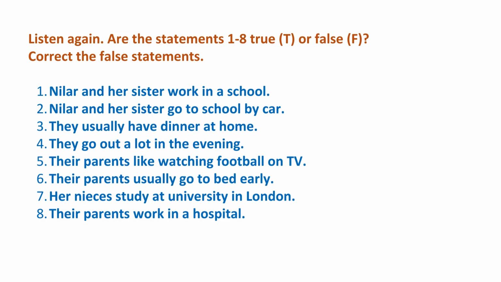My parents are So and Chaitan. My parents are the owners of Chaitan Private High School. They really like watching football on TV. They always watch matches together at night. They usually go to bed late, but they always get up before 6:30. I have two nieces. They don't live in a house. They live in a flat in London. They go to a secondary school. They usually go to school by bus. They study very hard. Their parents work in an office in London.